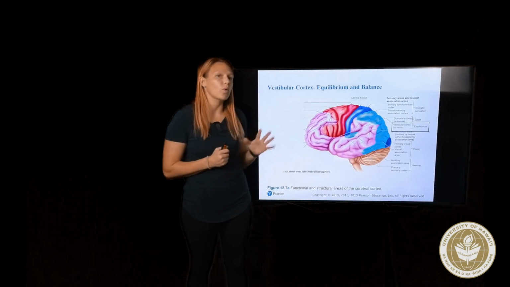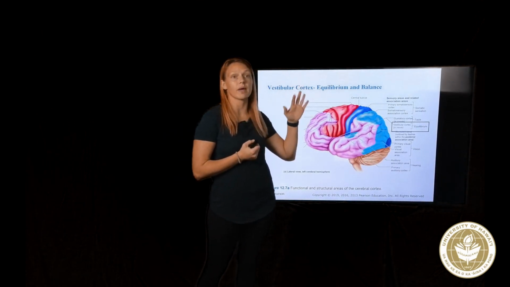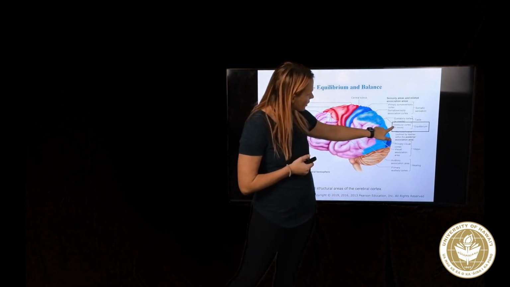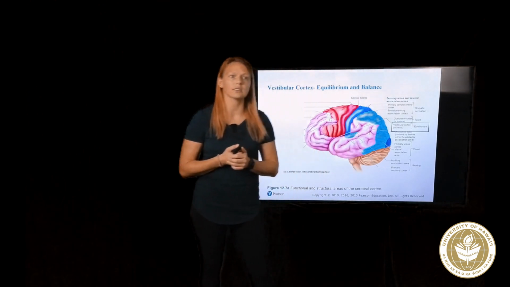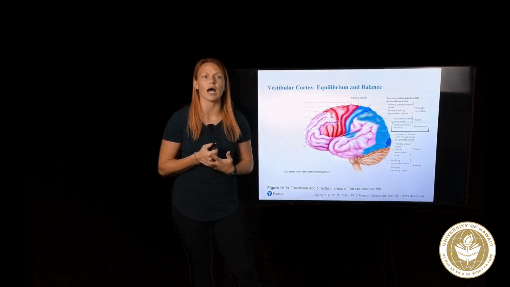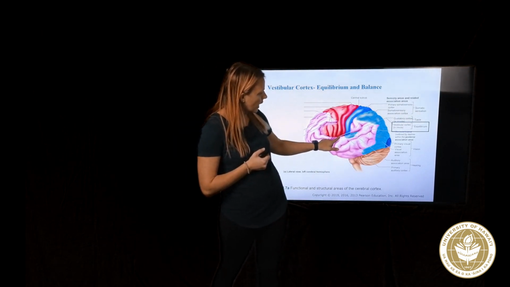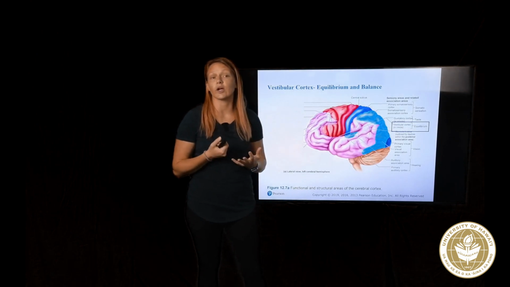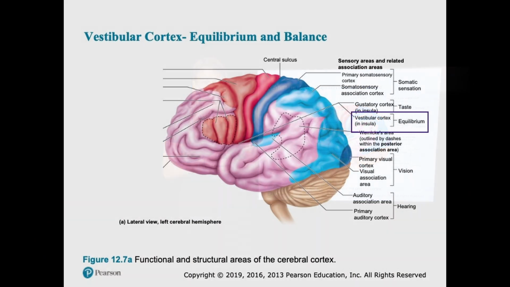And this is one that wasn't shown in those last pictures, looking here at your equilibrium and your balance. So you can see here this vestibular cortex that's in the insula region, right? So the vestibular cortex, it's the posterior part of the insula and the adjacent parietal cortex. And it's responsible for conscious awareness of balance, so your position of your head in space.